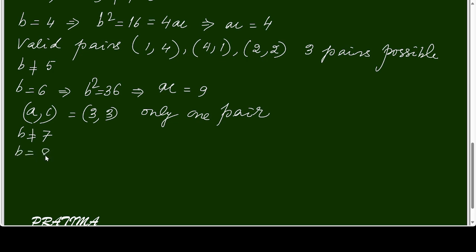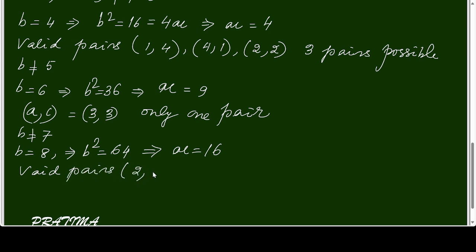b equals to 8. b square is 64, equal to 4 times of ac. So that means the product of ac equals to 16. So what are the valid pairs? Valid pairs will be 2 8, 8 2, 4 4.